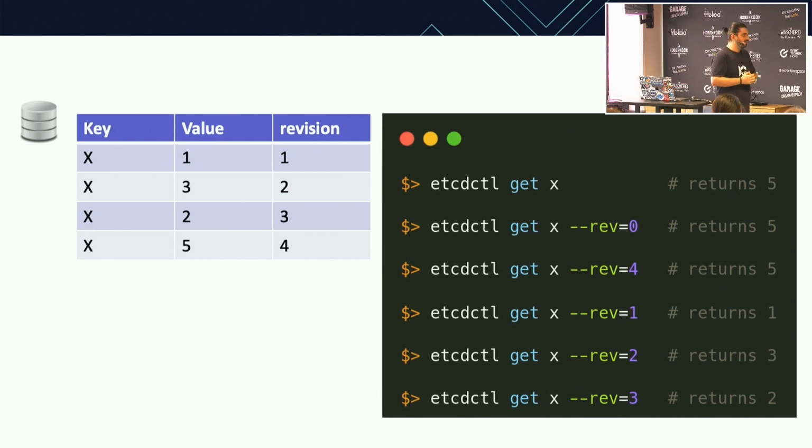Another thing with etcd is that it stores the data in revisions. If you run the etcdctl command, say we have some key x and we change its value over different revisions, you can still get the previous revisions' values from etcd.